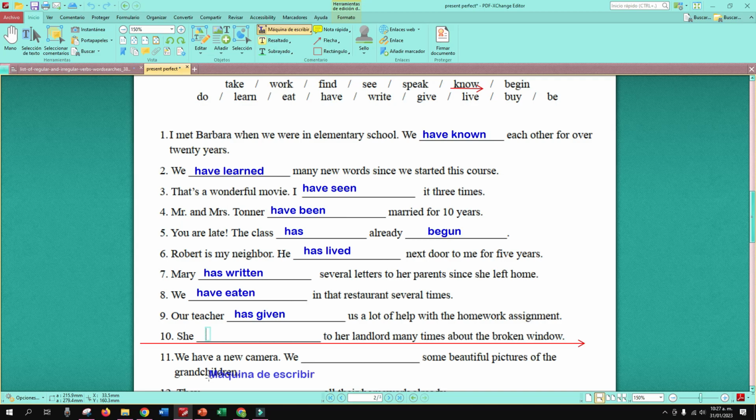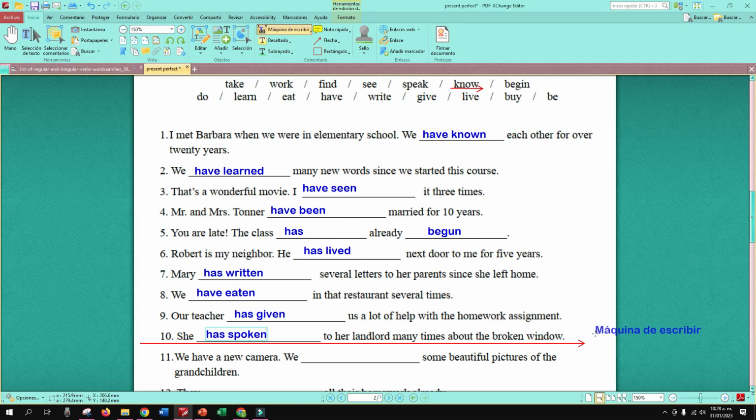What do you think about that one? That will be, we can say speak or talk. In this case, I guess you don't have talk there. So has spoken. That's almost the same, right? She has spoken to her landlord many times about the broken window, right?